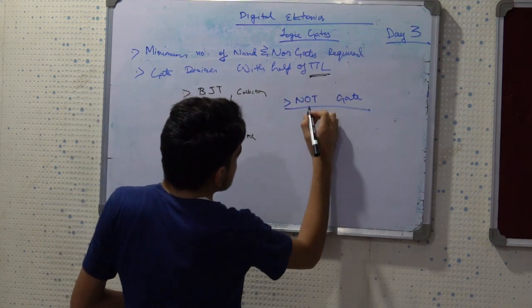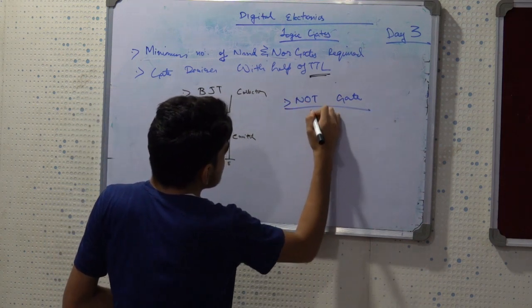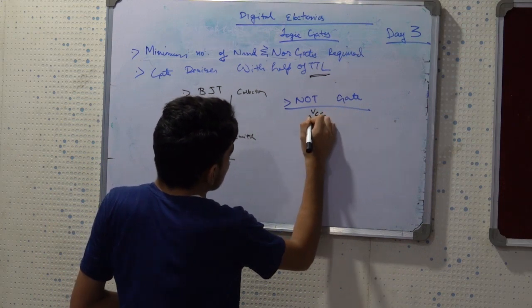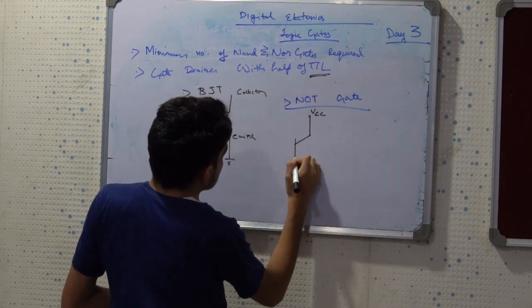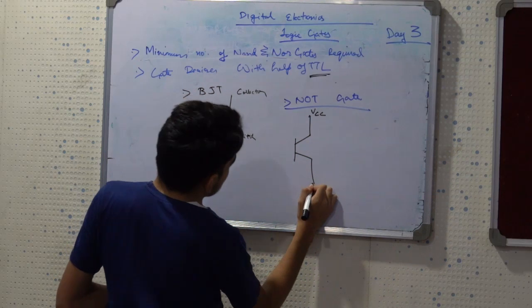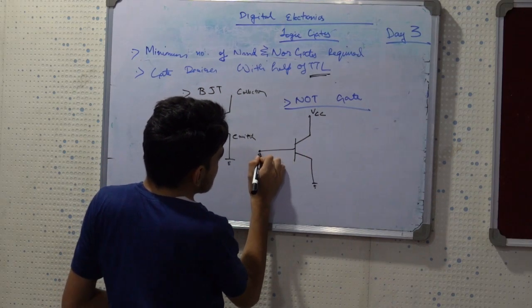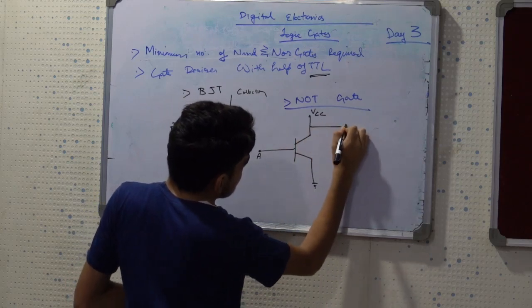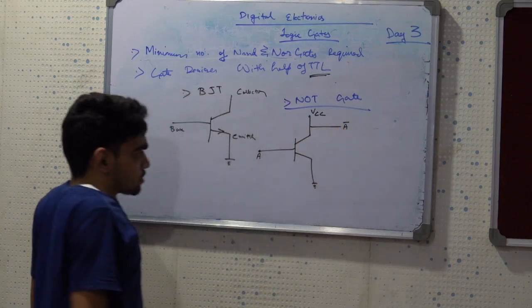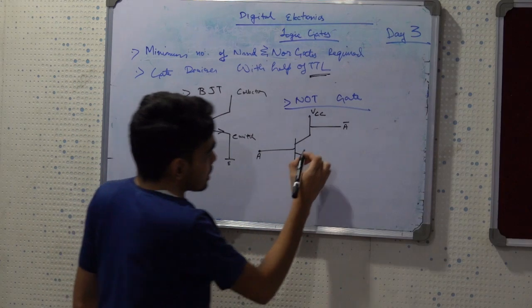So if I design a BJT in such a manner, where I take this as high, and this as low, and over here I take it as input, and over here as output, then how is it working?